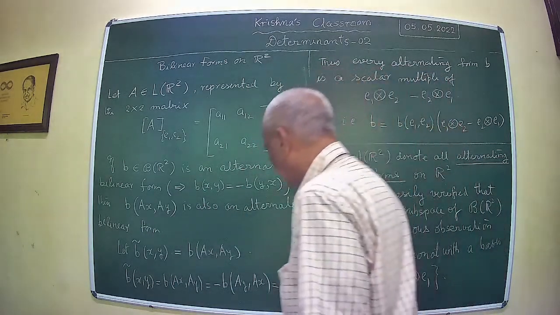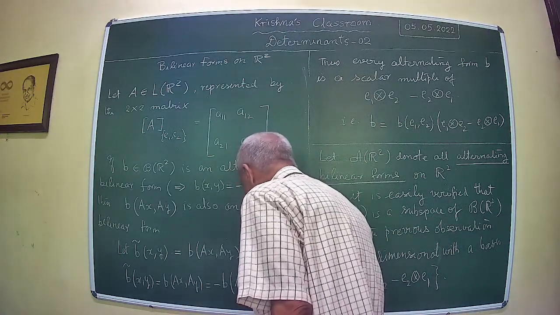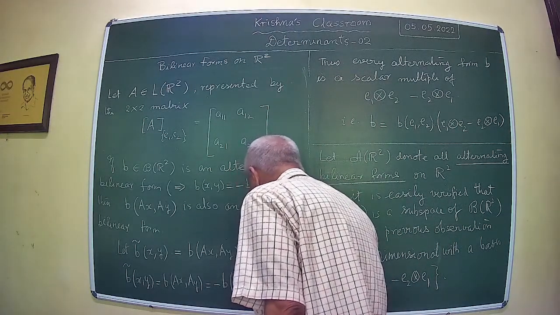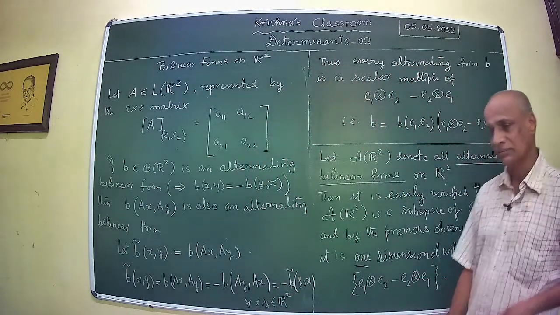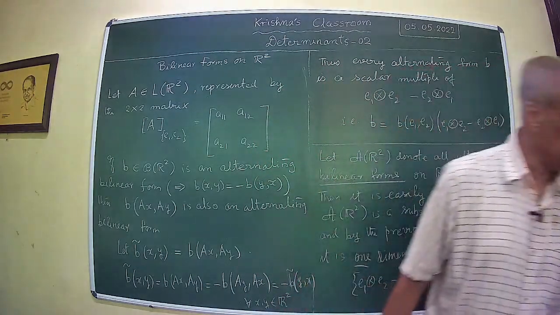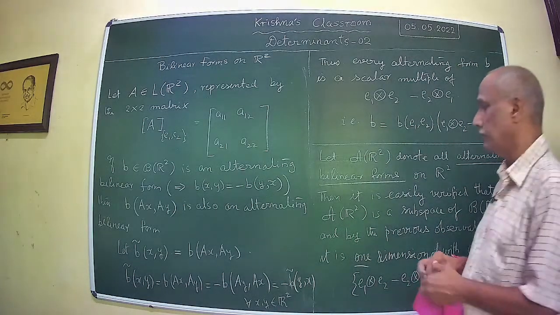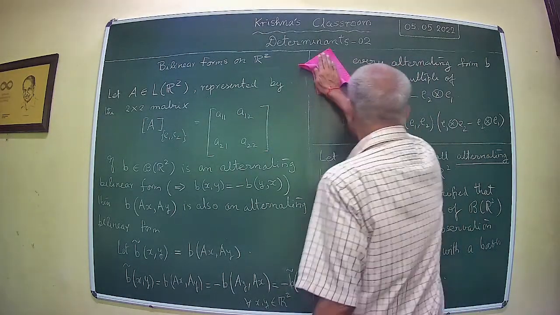This is true for every x, y, therefore B tilde is alternating. Okay, if B is alternating, then B tilde is alternating.